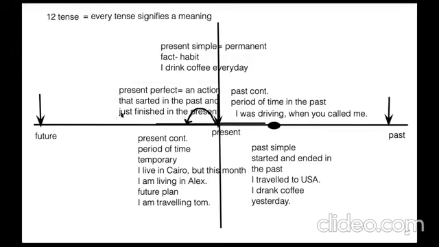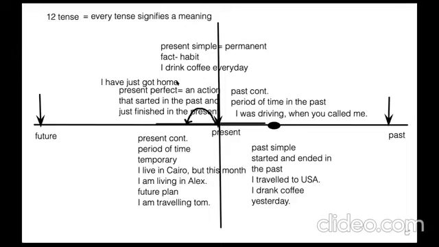So when you, for example, want to highlight the idea that this action just finished in the present, you use the present perfect. Like when you say, for example, I have just got home. When you say I've just got home, it means what? It means that I cannot go out again. When, for example, in a conversation, someone tells you, let's go out, you say, I've just got home. It means what?